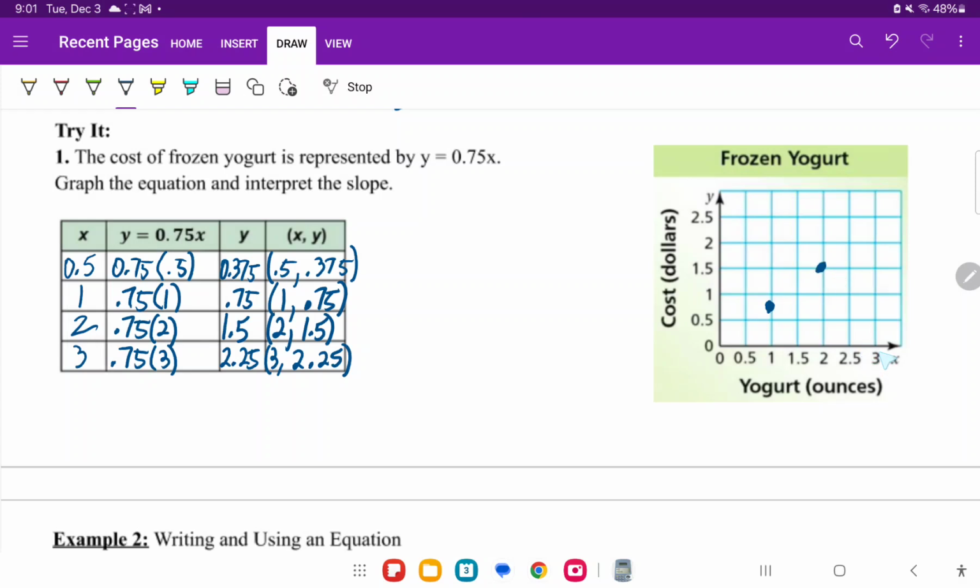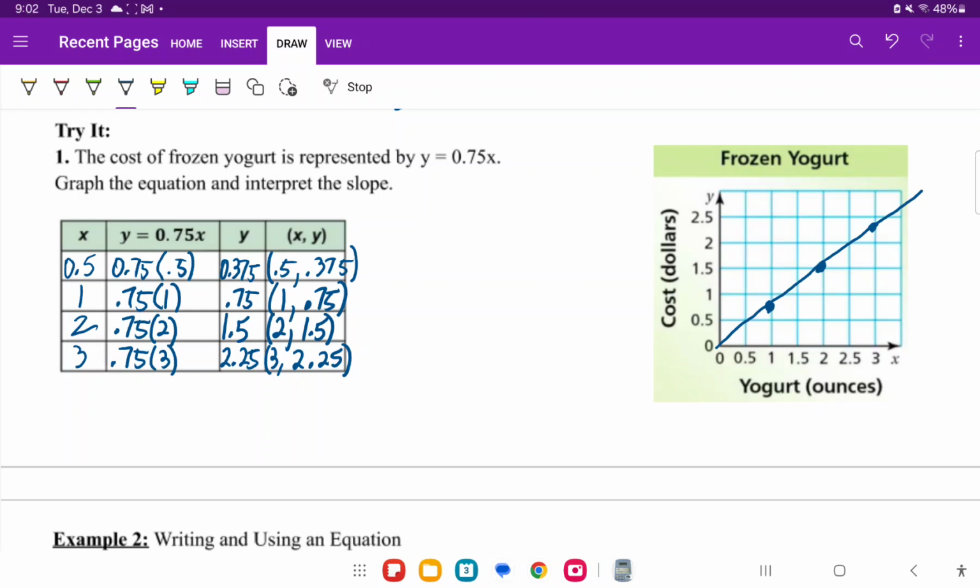And then we got 3 and 2.25, which is halfway in the middle, right there. And then we need to draw our line like that. Now, there's our graph.